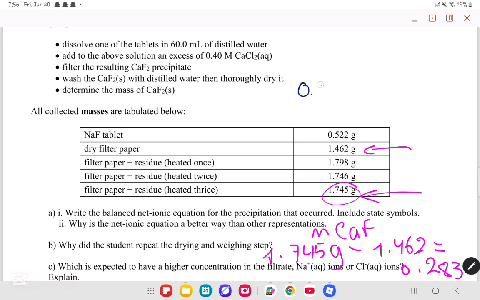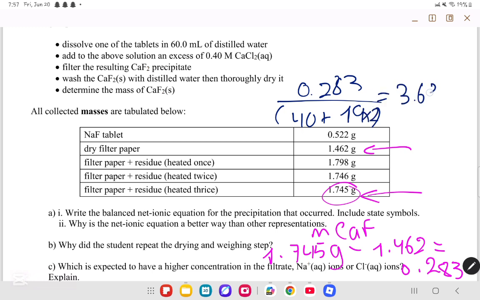Right, so let's find the number of moles of CaF2. We have the mass 0.283 over the molar mass of CaF2. Calcium has a molar mass of 40, plus fluorine. Fluorine has a molar mass of 19, right? But don't forget to do the times 2. So it's gonna be 3.63 times 10 to the power of minus 3. Okay, so now we have the number of moles of CaF2.